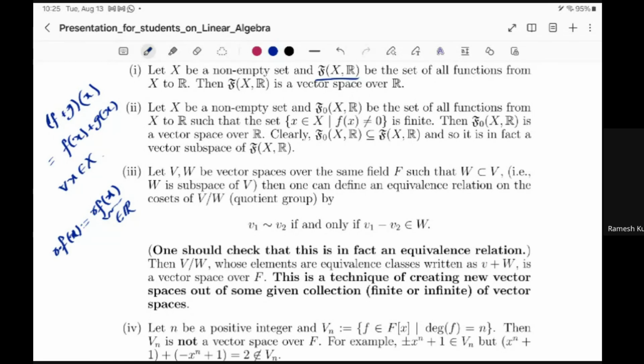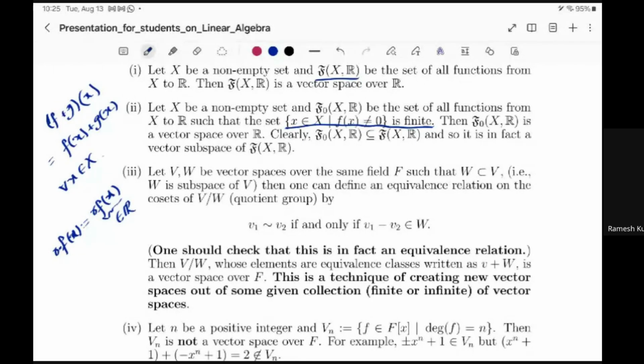You can just take the zero function. So you are sending all the elements of big X to zero, and that means that this function is never nonzero. So this set satisfies this particular condition that the support is finite.